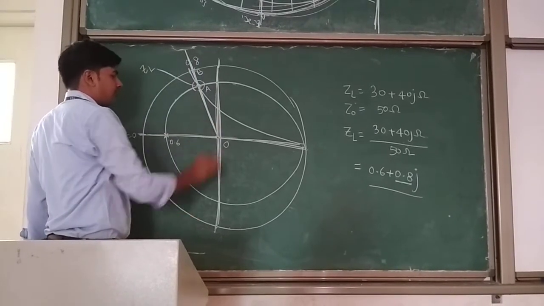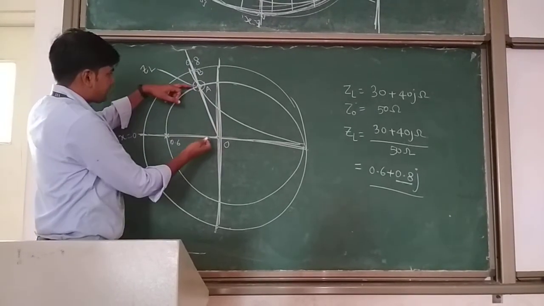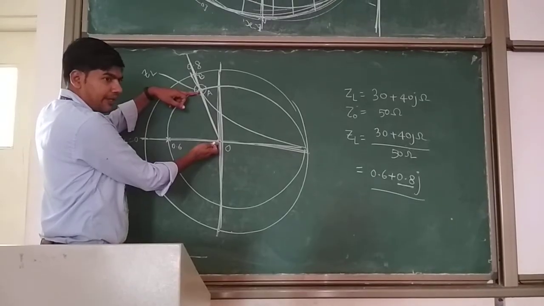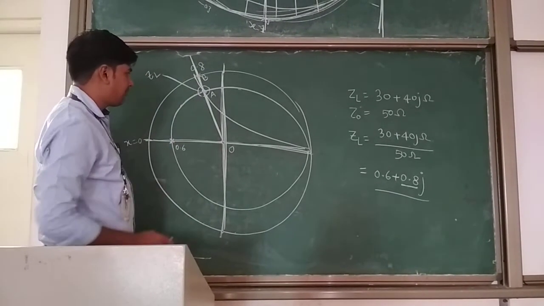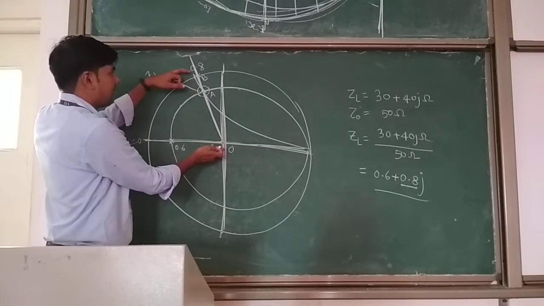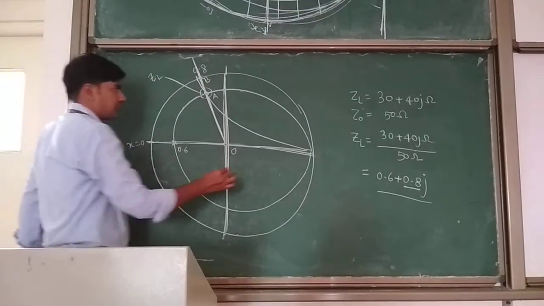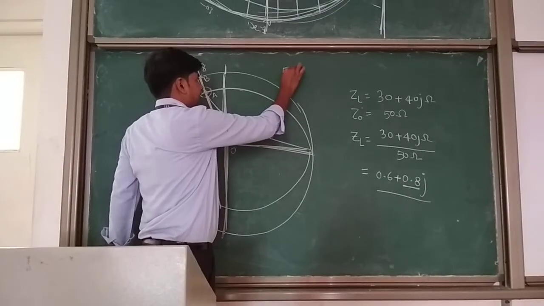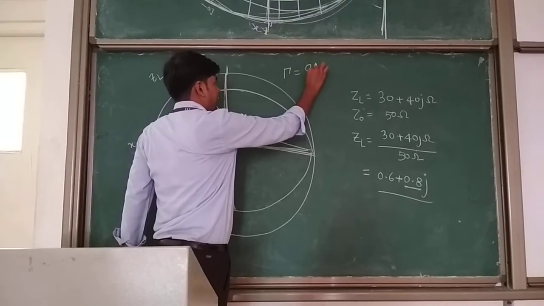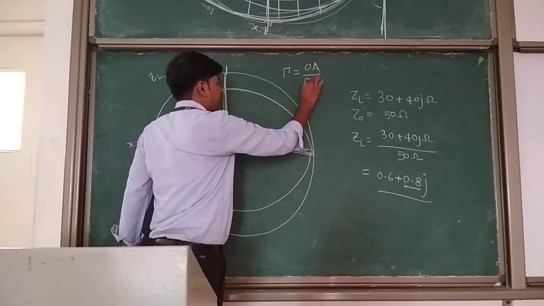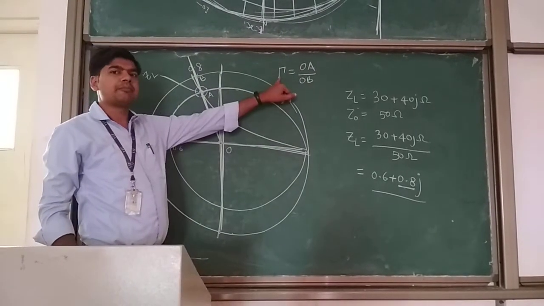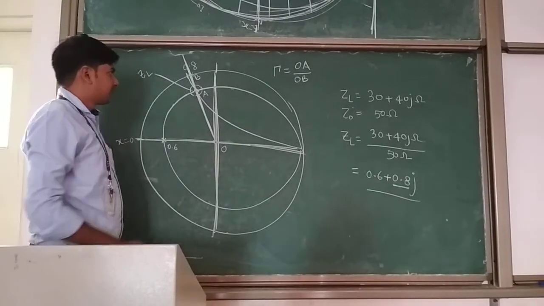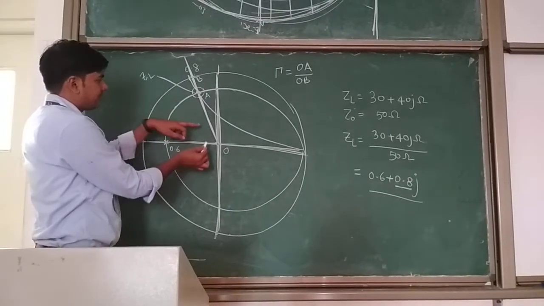This is O. Measure the length of OA and OB and take the ratio, OA upon OB. This will give you the reflection coefficient magnitude. How will you calculate?